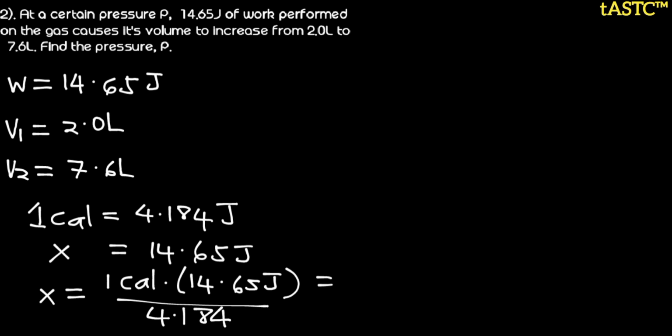So 14.65 divided by 4.184 gives us 3.5. So that is 3.5, and I'm going to write that here. We have 3.5 calories.